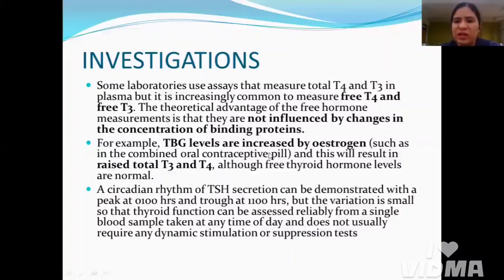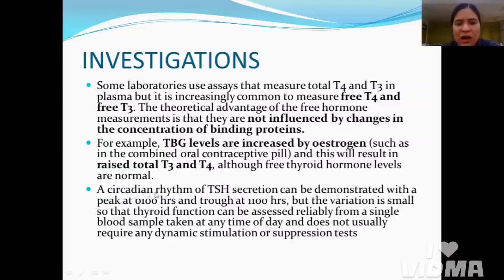If the woman is taking oral contraceptive pills, then TBG levels will increase, and this will show increased levels of total T4 and T3. But actually, free T4 and free T3 might be normal. When the TBG levels are increased by estrogen, such as OCPs, this will result in raised total T3 and T4, although free thyroid hormone levels are normal.